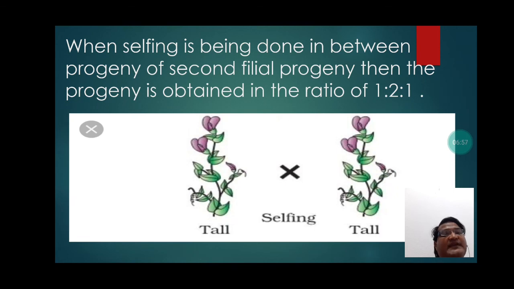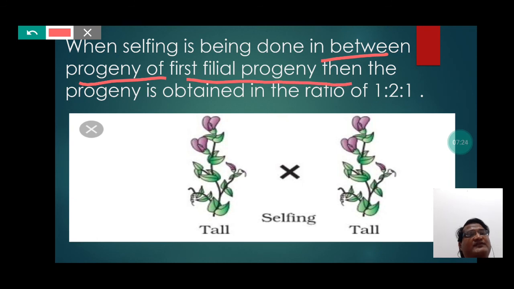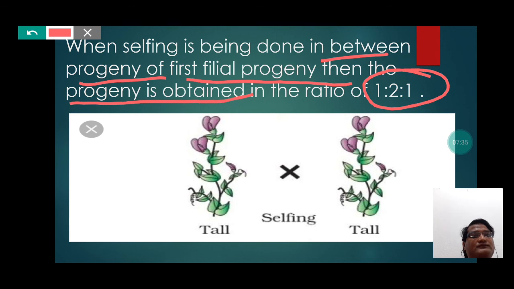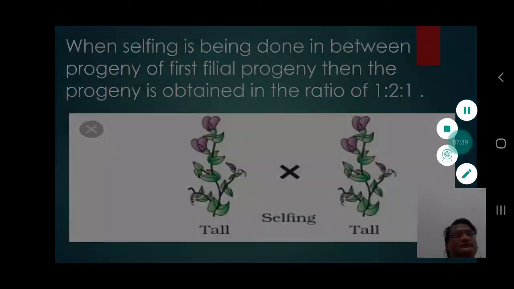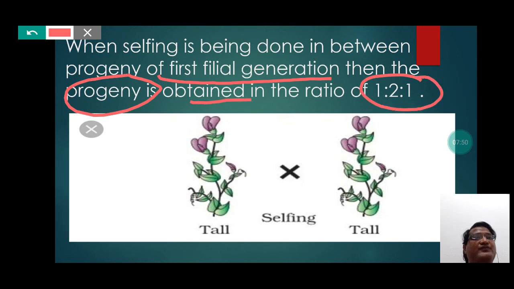In between progeny of the second filial generation, so students, when selfing is being done in between progeny of the first filial generation, then the progeny is obtained in the ratio of 1:2:1.